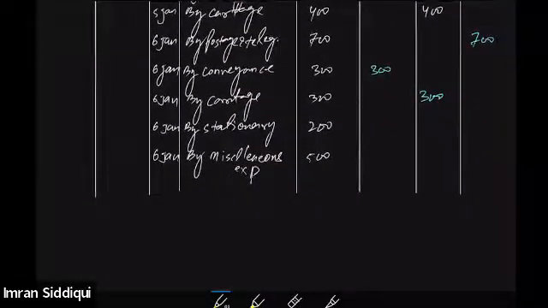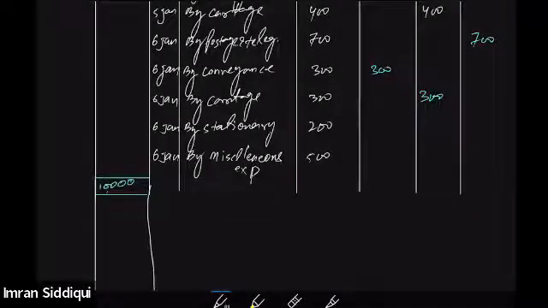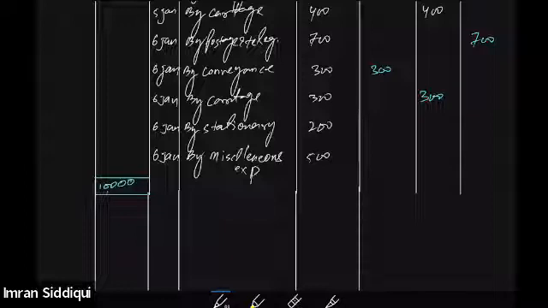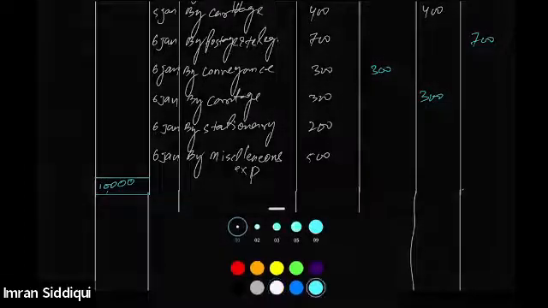So the sum total of receipt side is 10,000 only. All right, now just total these values.